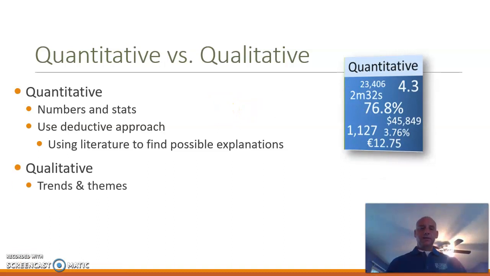The other side of it is qualitative, and here we're looking for themes, trends that come out. So a lot of times when we ask questions and we're going to collect data that deals with qualitative data, we're going to get words, we're going to get sentences, we're going to get paragraphs, and then we have to go through those and look for trends or themes that exist.